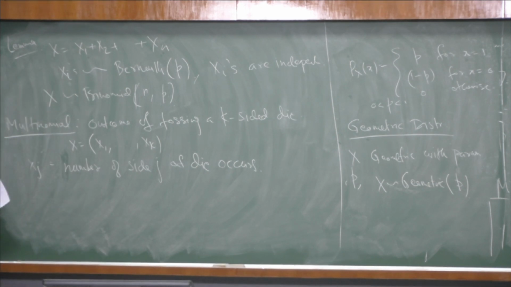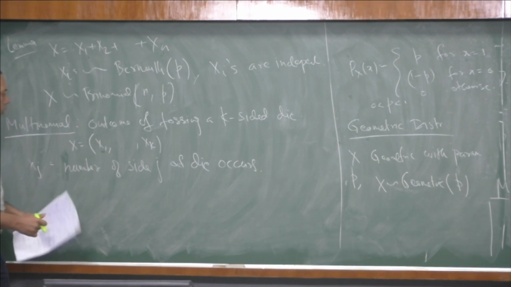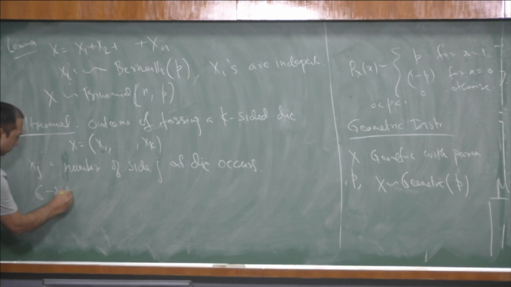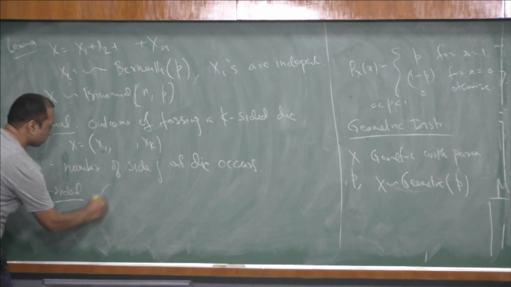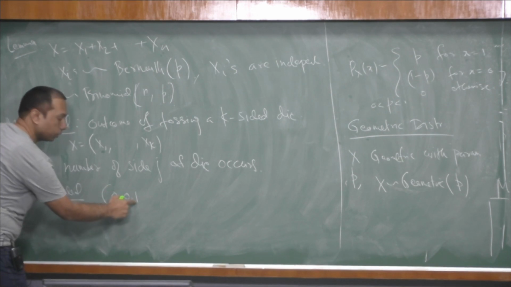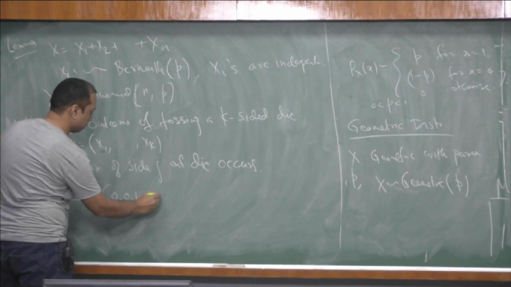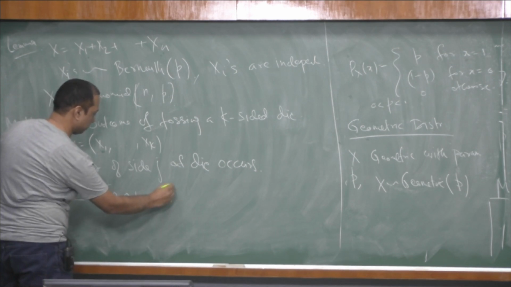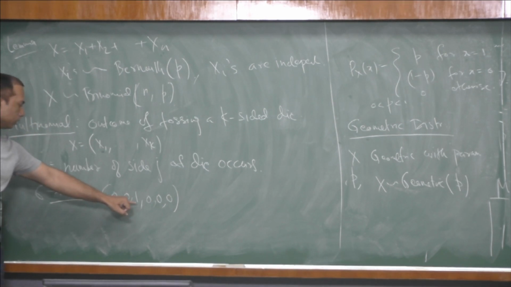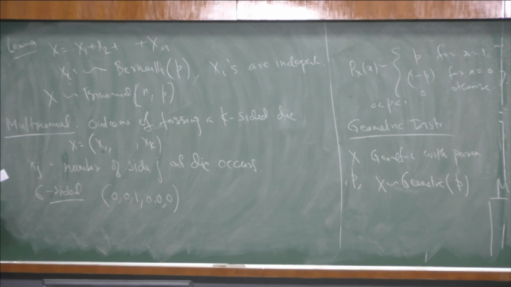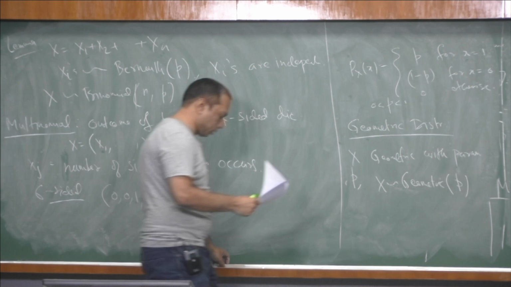So if I roll a 6-sided die and I get, let us say, 3, the outcome will be denoted as 0, 0, 1, 0, 0, 0, with 1 at the third place. If I roll a die and get 3, this is what it means.